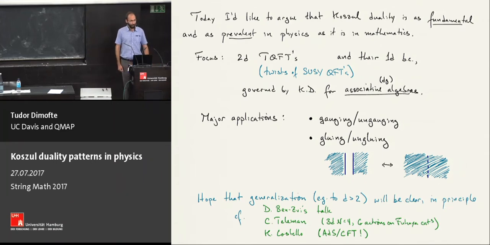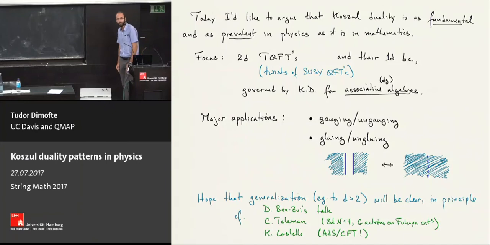Even though the talk is going to be largely in 2 dimensions to keep things concrete and mathematically well-defined, I hope that by the end of the talk, the generalization to more than 2 dimensions will be clear, at least in principle.